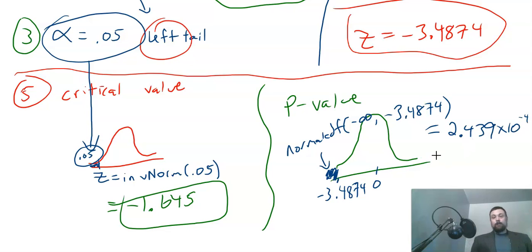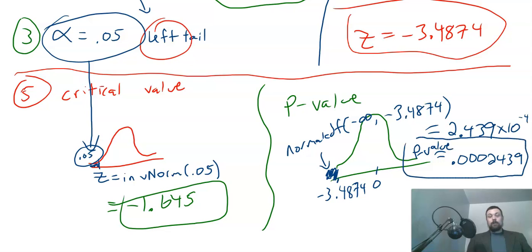It's scientific notation, which if we have to convert it back to ordinary form, you move the decimal to the left 4 times. You'll have 3 zeros here, then 2439. And so this is the p-value. Of course, MyStatLab might ask you to round to 4, 5, 6 decimal places.